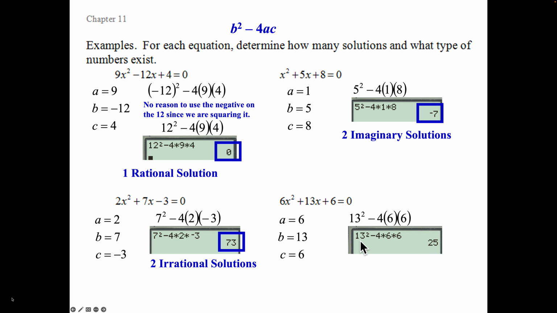Go to the calculator, we type that in, put down equals 25, and based on that value, 25 is a perfect square number. You have two rational solutions. So here there'll be no square root left over in the numerator of the second fraction. It'll become just 5 over something. And then you can have two rational solutions because there'll be no square root in the answer.